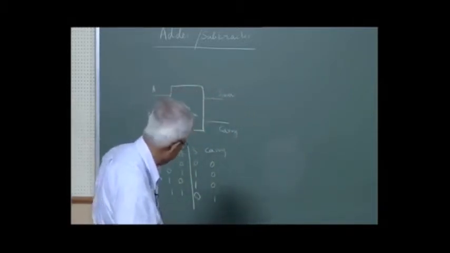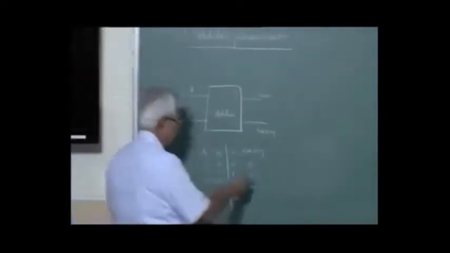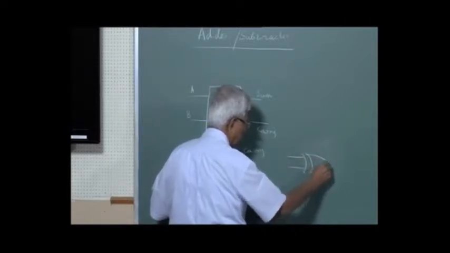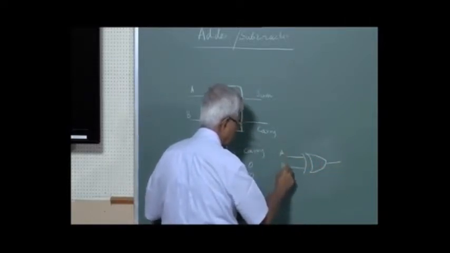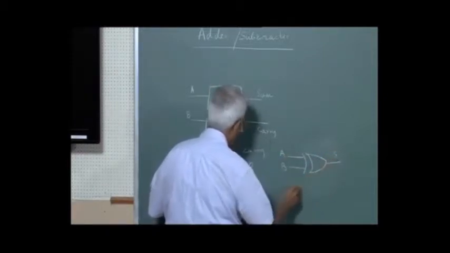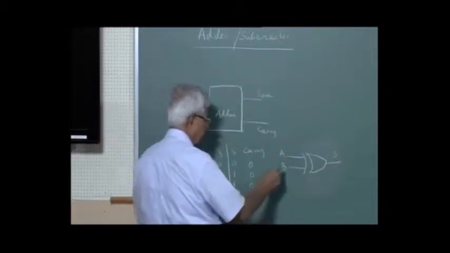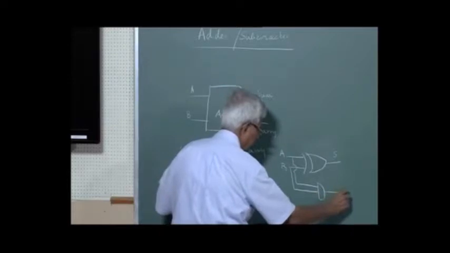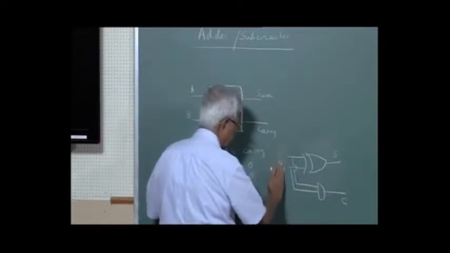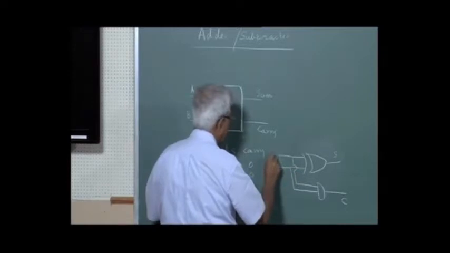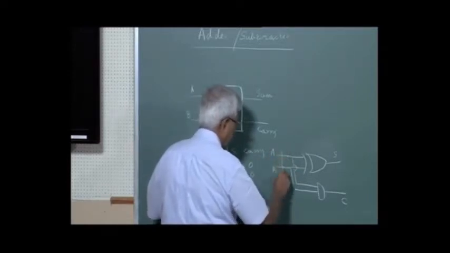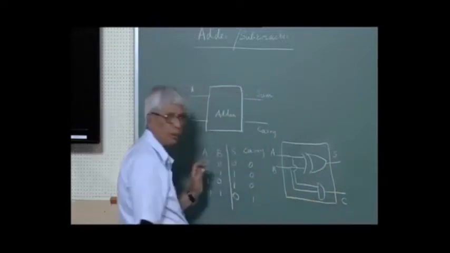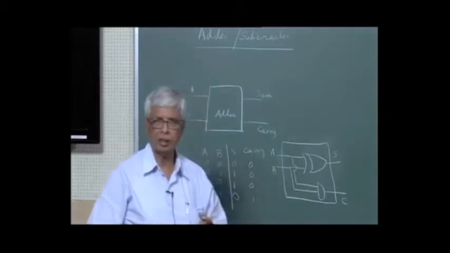As you can see, sum is exclusive OR of A and B. And carry is A and B. This is my adder. Very simple circuit. One XOR, one AND.